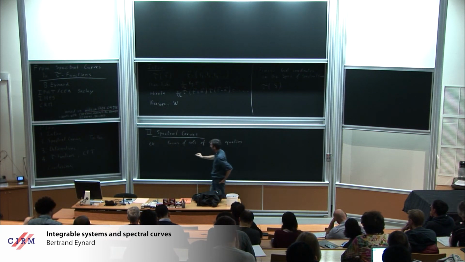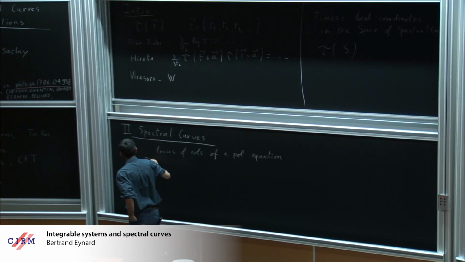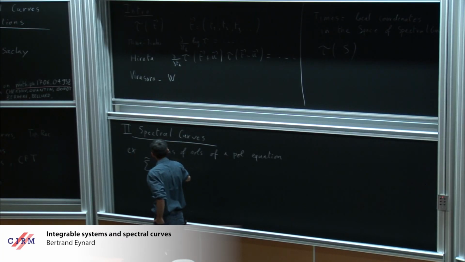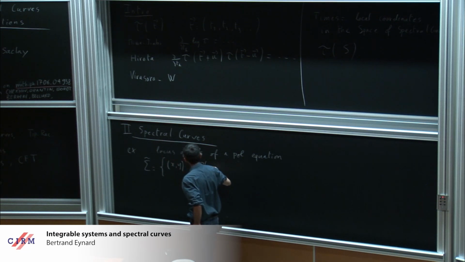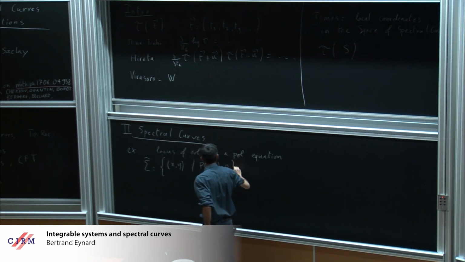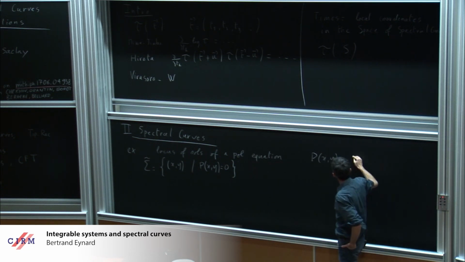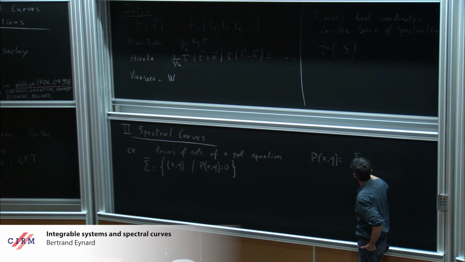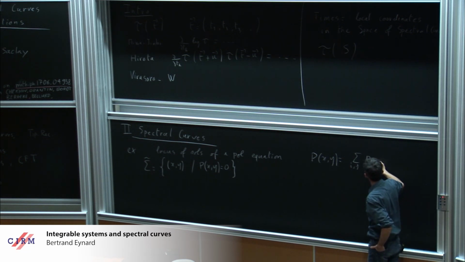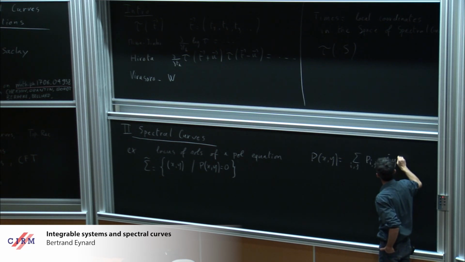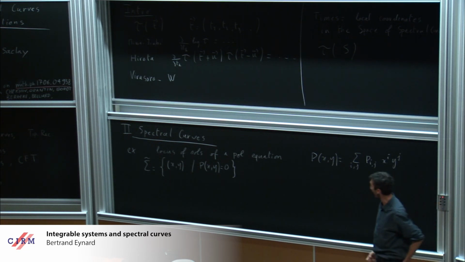So let me consider this set, sigma tilde, equal to the set of pairs (x,y) such that a certain polynomial P(x,y) equals 0, where P(x,y) is a bivariate polynomial. So this is a typical example of a spectral curve.